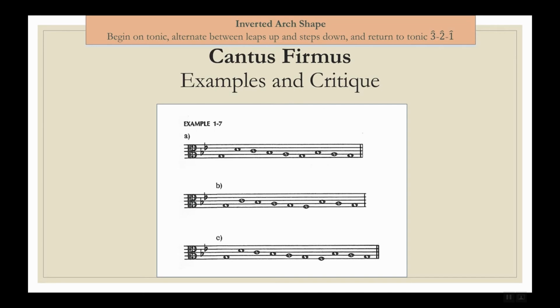So we'll call this La on G. Oh no, sorry, we're calling it G. G, D, C, B flat, A, G, B flat, A, G. Okay, and do the next one with me.